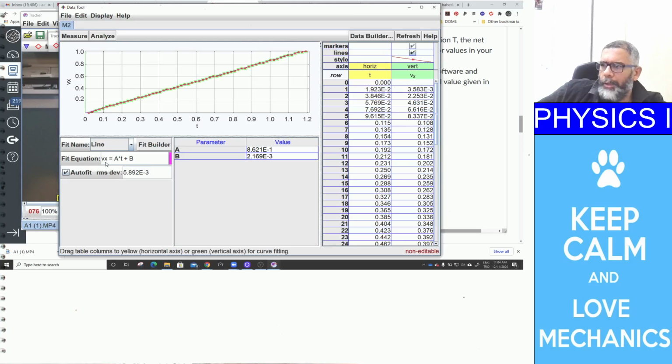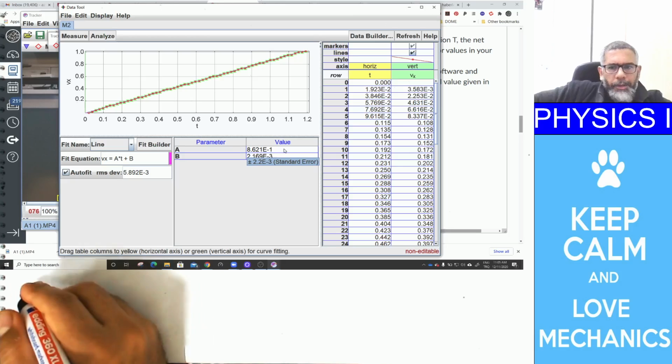The equation for the best fit to the data is v equals at plus b. But v equals at plus b is the equation for the velocity of a constant accelerated motion, and in front of t, this parameter a is nothing but your acceleration. So it is calculated to be 8.621 times 10 to the minus 1 meters per second squared. Let me write it over here.